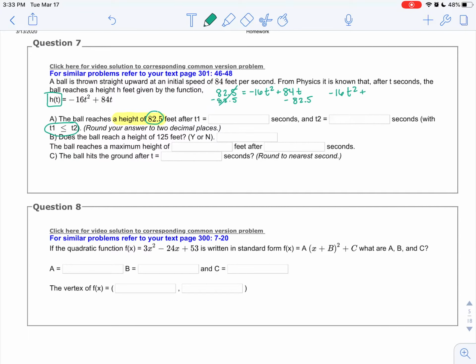So the quadratic formula is negative b plus or minus the square root of b squared minus 4ac all over 2a. This is what x equals. So when I plug in my numbers here, negative b, my b value is 84, so I'm going to have negative 84 plus or minus the square root. B squared would be 84 squared minus 4 times A, which is negative 16.